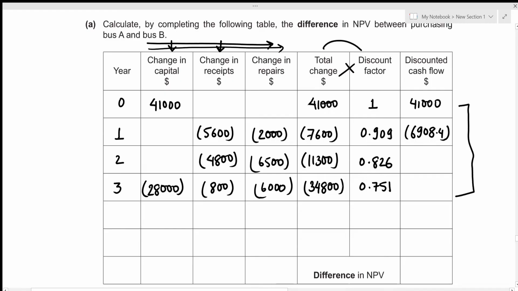For our second year, that's negative 11,300 times 0.826, which results in a negative value of 9,333.8. Then for our final year, that's going to be negative 34,800 times 0.751, which results in the negative value of 26,134.8.